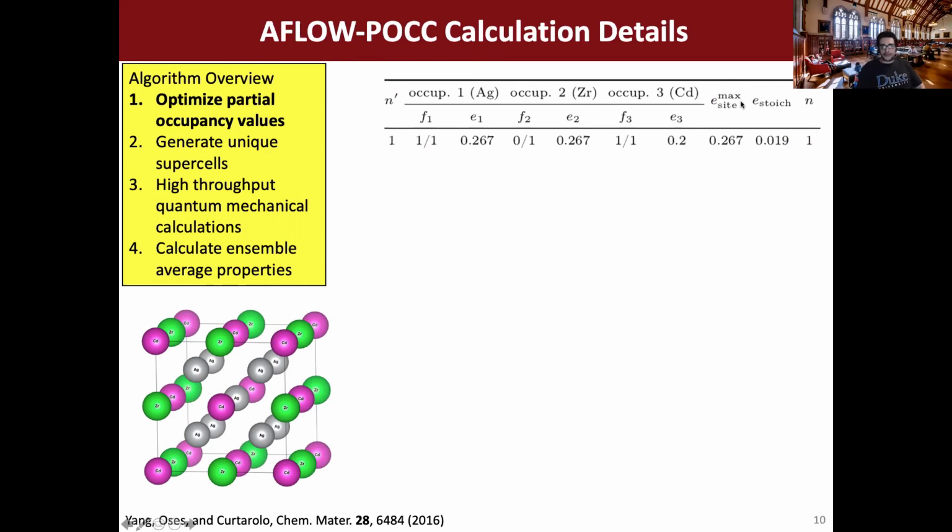But this picture just shows you the site error, and that's really what I want you to imagine, that we're doing this analysis per the sites. So if we want to model our system using a supercell size of 1, that's our input structure, then this site here, which should be partially occupied between silver and zirconium, the best way to model this system with just a supercell size of 1 is to put the dominant occupants.